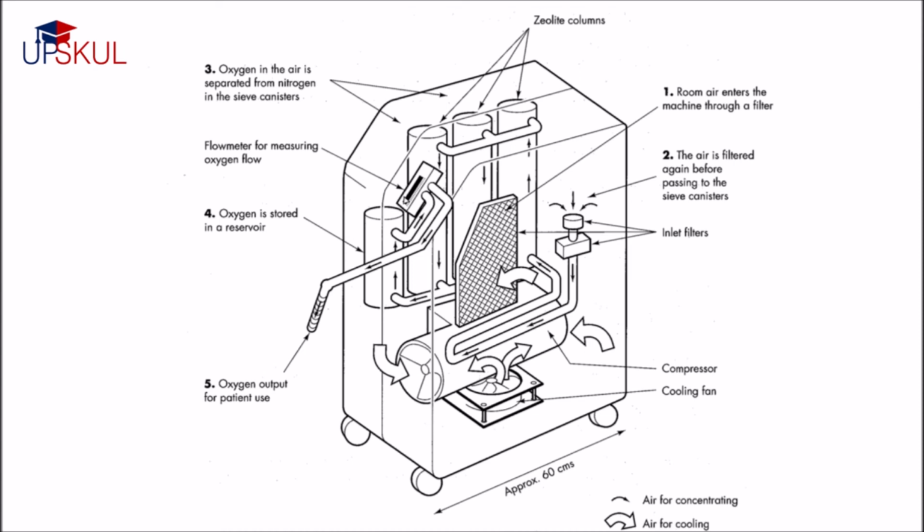An oxygen concentrator's working has mainly 5 steps: sucking air from the background through the filter, again passing it through inlet filters to achieve the highest form of purity, separating the oxygen from air by eliminating the nitrogen, storing this oxygen in a small inbuilt reservoir, and finally supplying it through the outlet.